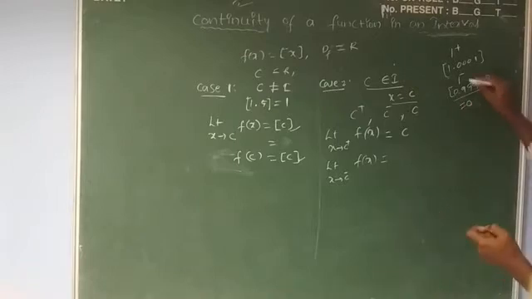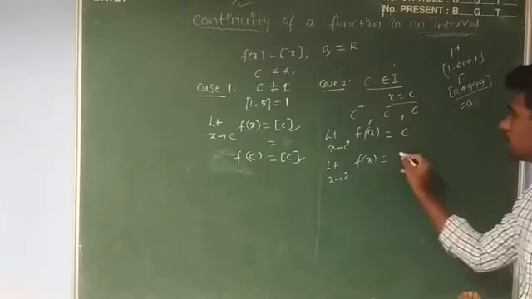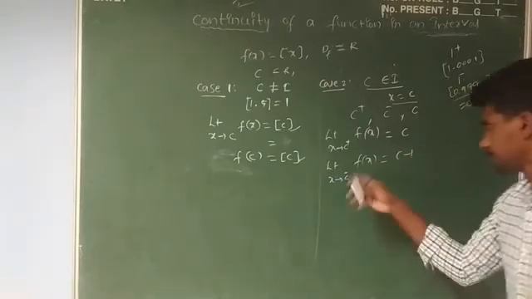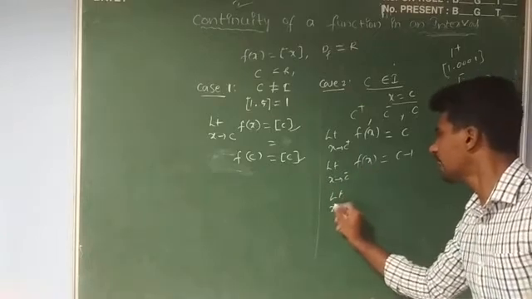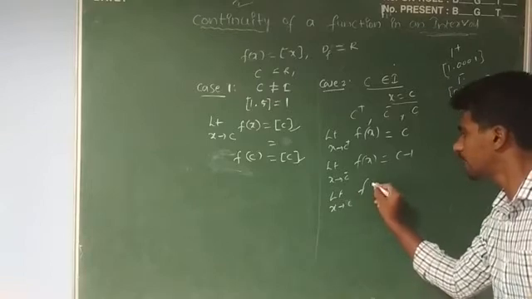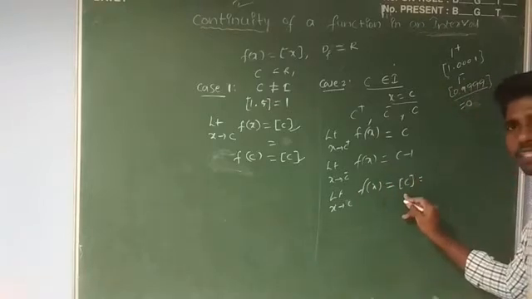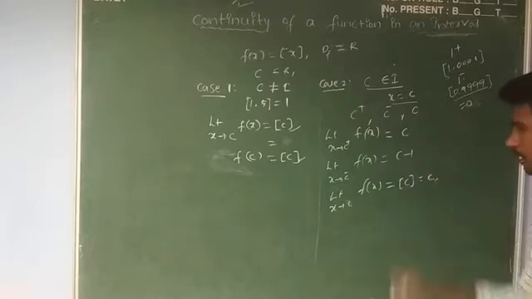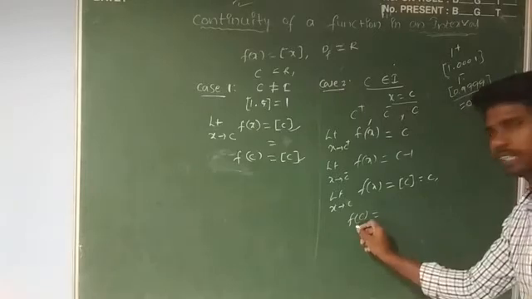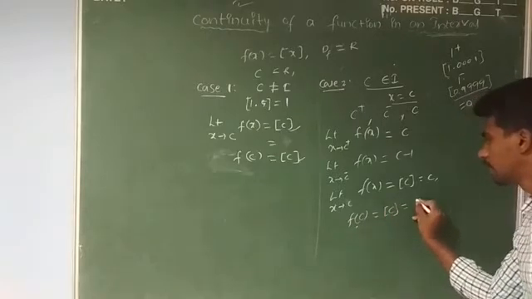So if it is 1 minus, I am getting 0. If it is c minus, I get c minus 1. Now what is the value of the function at exactly c? For an integer, step c is nothing but c. The value of f of c is equal to step c, equal to c.